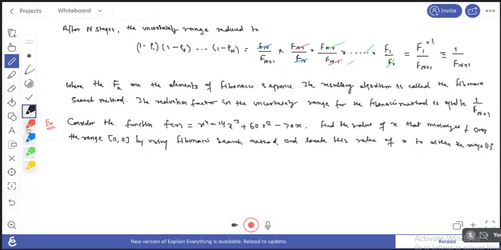So here we have to find the value of n, meaning in how many steps the range is reduced to 0.3.